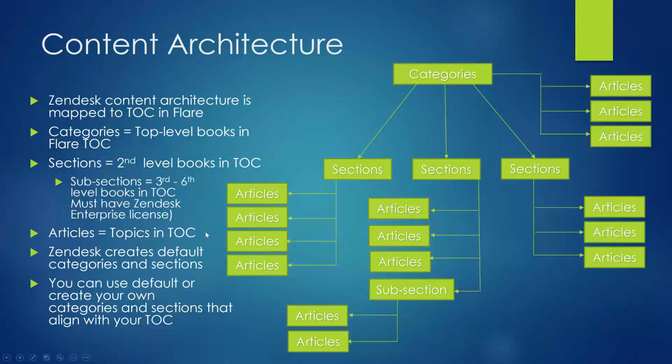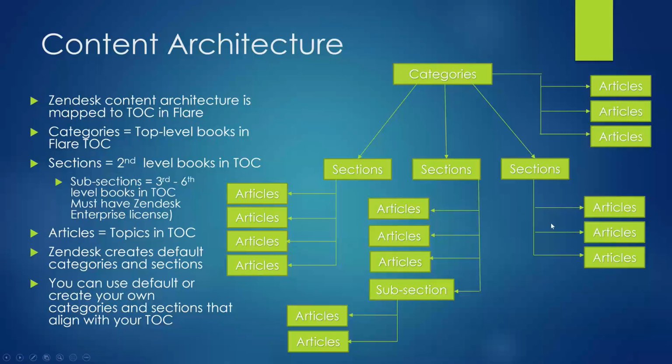However, subsections are only available if you have a Zendesk Enterprise license. So this adds subsections for 3rd through 6th level books in the TOC. If you don't have the Enterprise license for Zendesk, then even if you select the subsection option in Flare, the behavior won't come across in Zendesk.